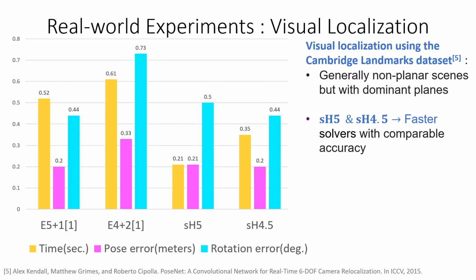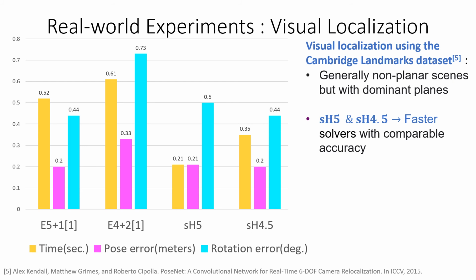We have evaluated the performance of our solvers for 2 real-world applications as well. The first of which is that of visual localization using the scenes from the Cambridge Landmarks database. While the scenes are generally non-planar, many contain 1 or 2 dominant planes. We depict the average median errors in pose and rotation over 4 scenes from the dataset, along with the solver runtimes.